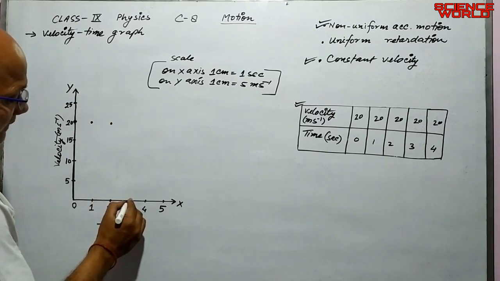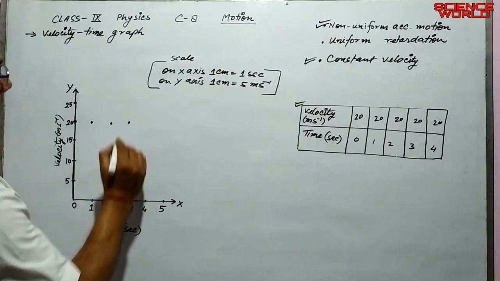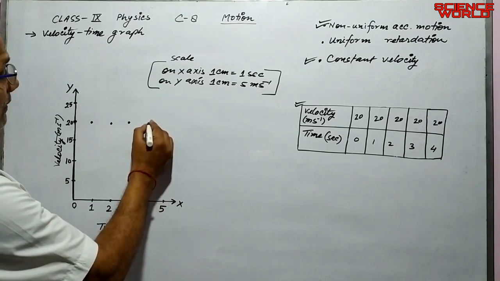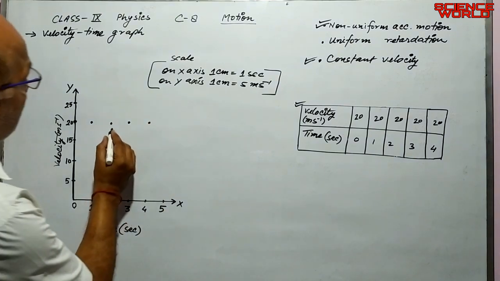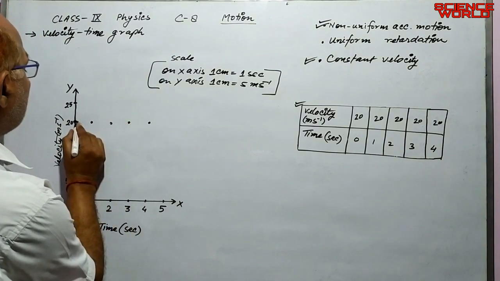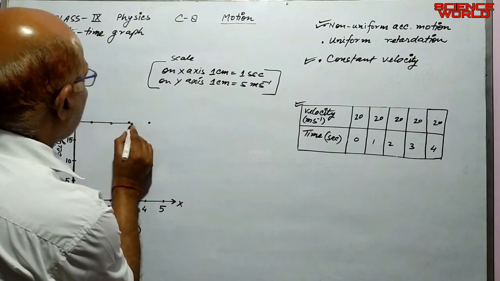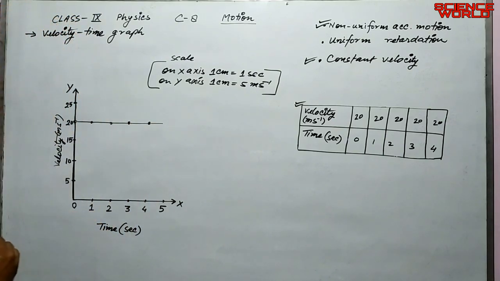When time is 3 seconds, the velocity is 20 meters per second. When time is 4 seconds, the velocity is again 20 meters per second. Now we will join all these points by using a scale. This is the VT graph for constant velocity.